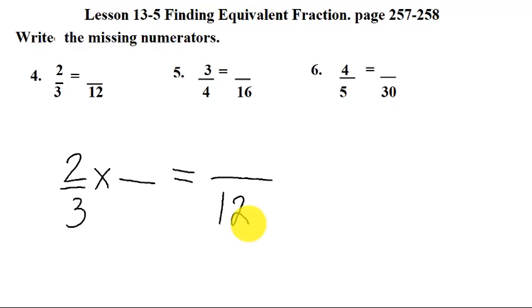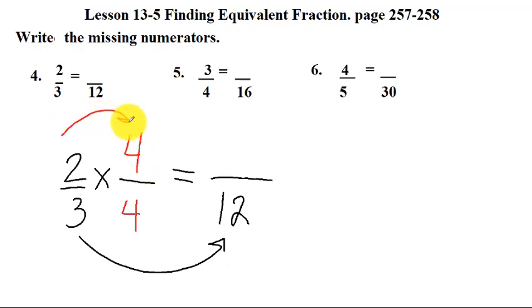What number times 3 equals 12? Okay, in this case it is 4. Remember, you always have to copy the same number in the numerator, and now we need to multiply. The numerator is different; in this case, you have a number different than 1. 2 times 4 is 8. You only have to multiply it.